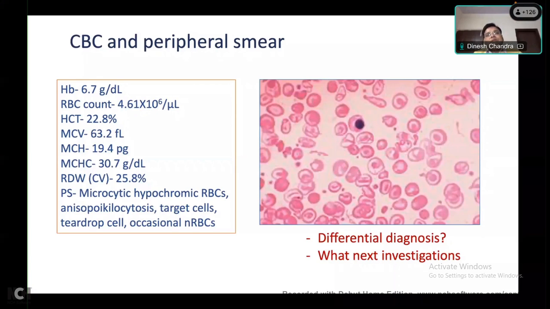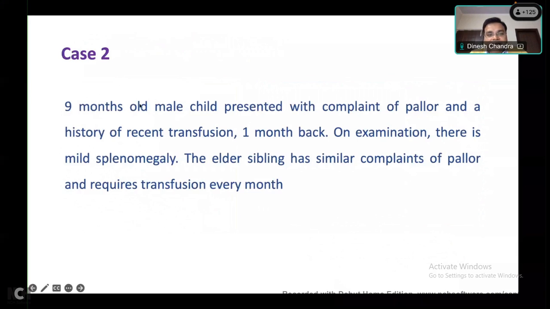Yes. So always think about common things. Nutritional anemia is very common, but as we have seen in this history, the elder sibling has a similar complaint, and this child is also classically fitting in cases where it presents early.